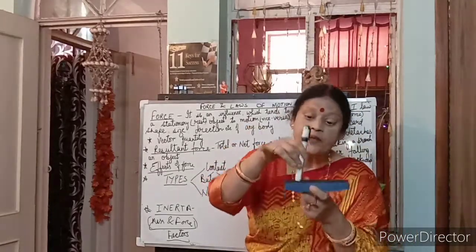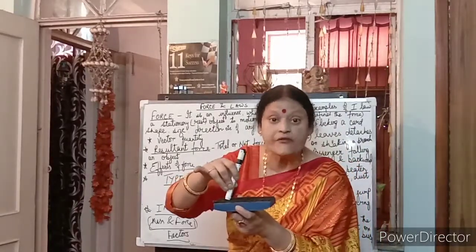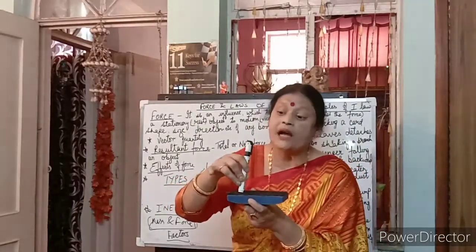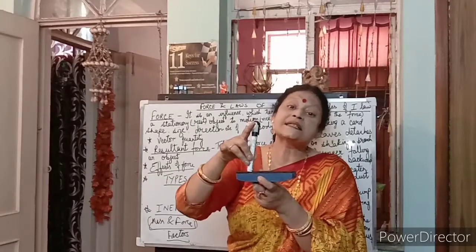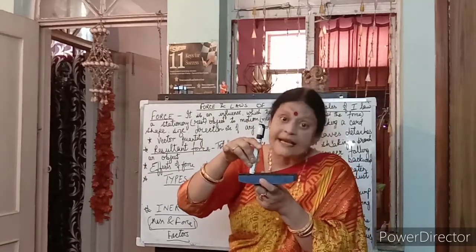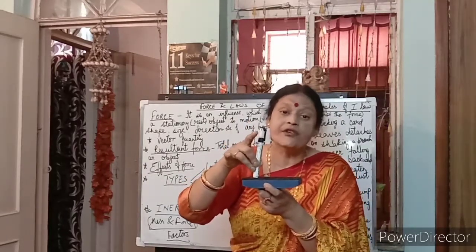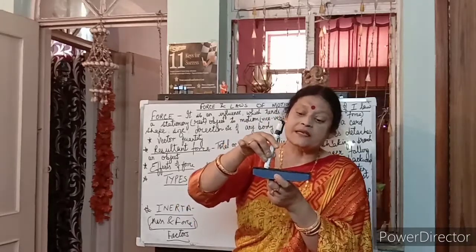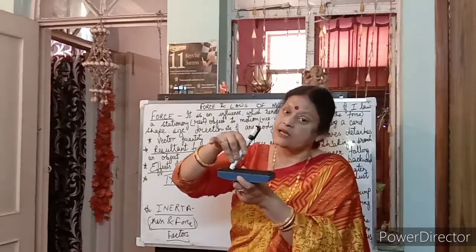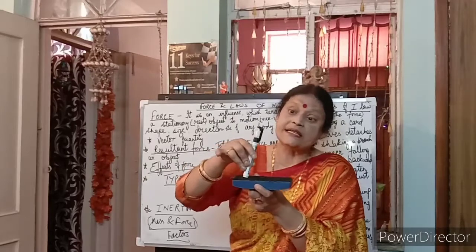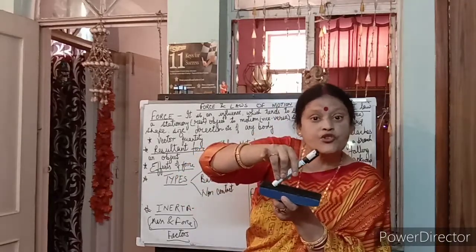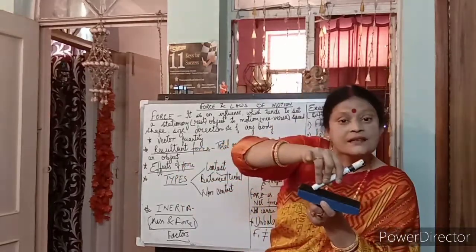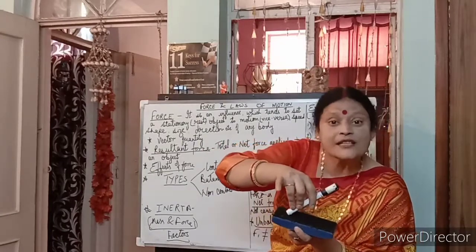When the bus stops, the lower body comes to the state of inertia of rest, but the upper part is still in the inertia of motion, it takes time to come to rest. So, what happens? The lower part is with the bus, so it stops, and the upper part is still in the state of inertia of motion and he falls forward.